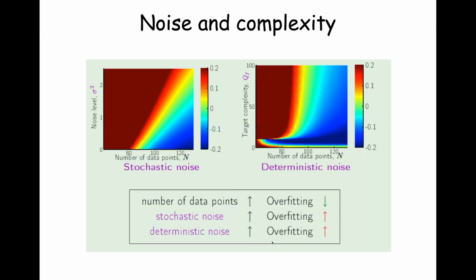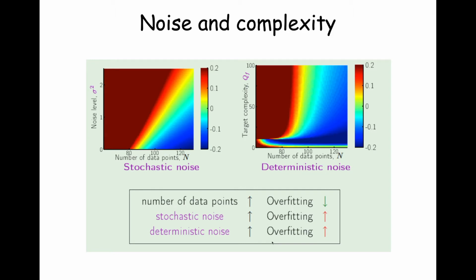Okay. So last time when we talked about noise and complexity, to jar your memory on where we left off, we looked at the overfitting behavior of a complex model, a degree 10 polynomial, relative to a simple model, a degree 2 polynomial. We were looking for this red region, which corresponded to the final best hypothesis g10 overfitting.